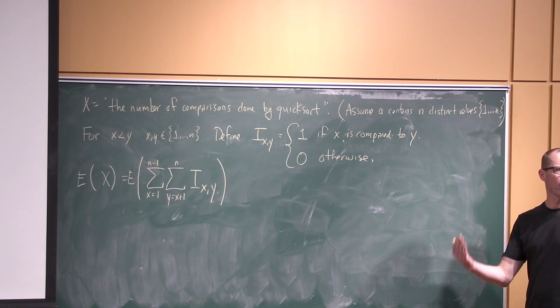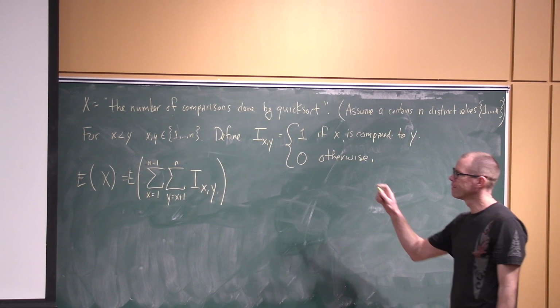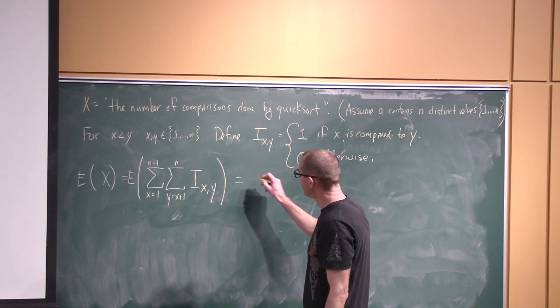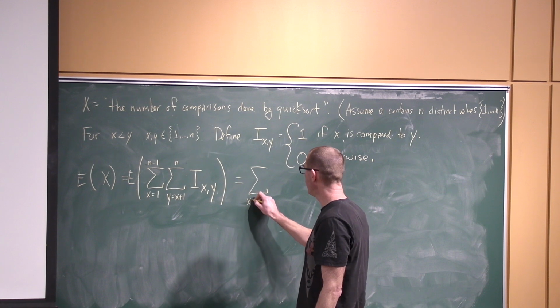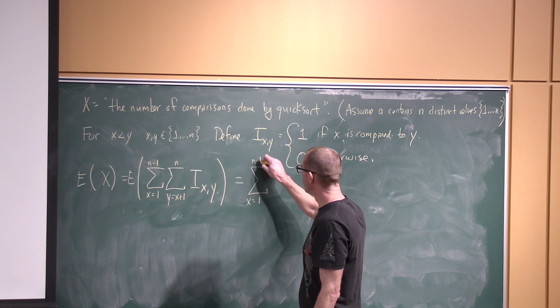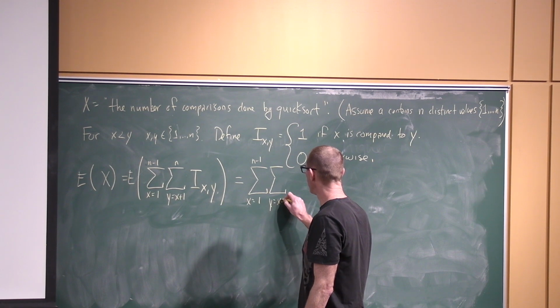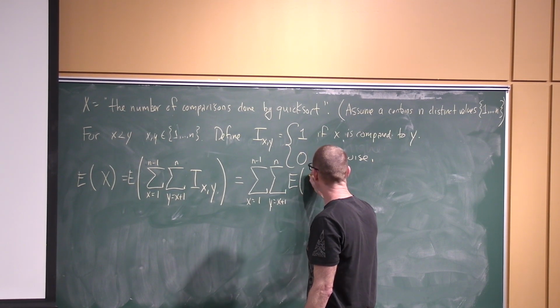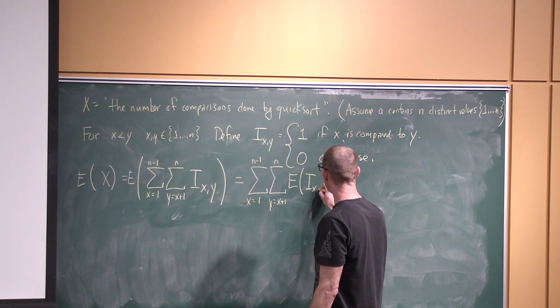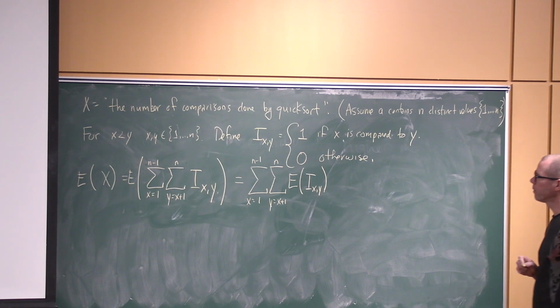What is the next step? Hopefully you haven't forgotten already. Yeah. The expected value of the sum is equal to the sum of the expected values. So that just means we bring this thing inside.